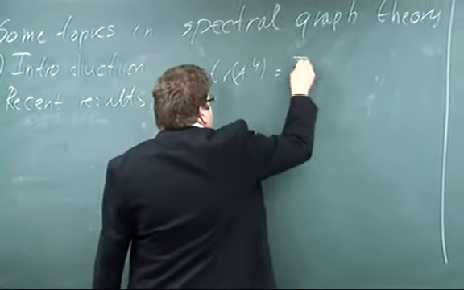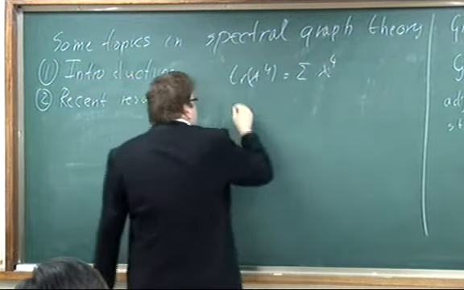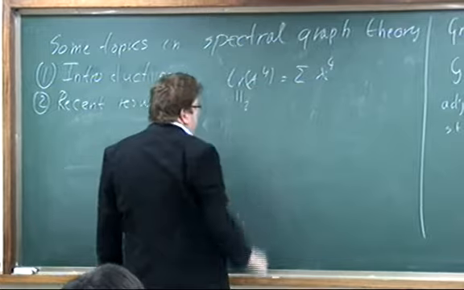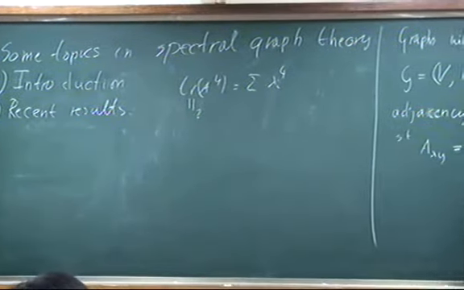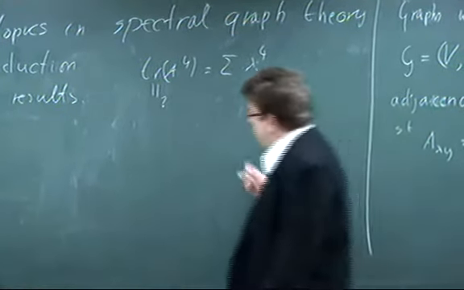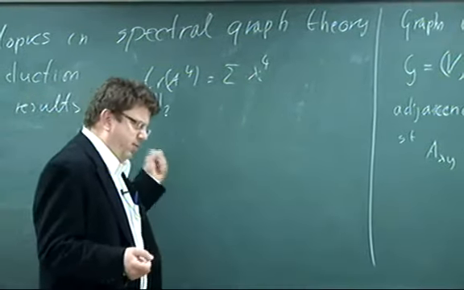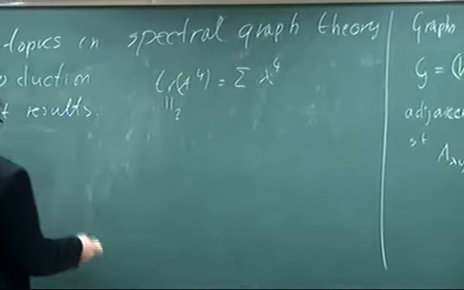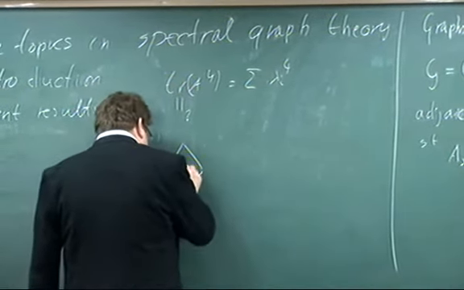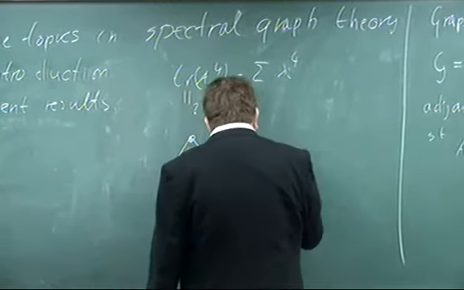We get still the same kind of number with lambda i to the power 4, but what is this exactly is not so clear. You cannot say that it's something like 4 times the number of 4-cycles, because you have to be very careful. Look at the following example. This is one.